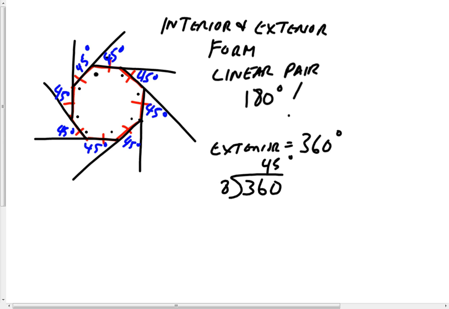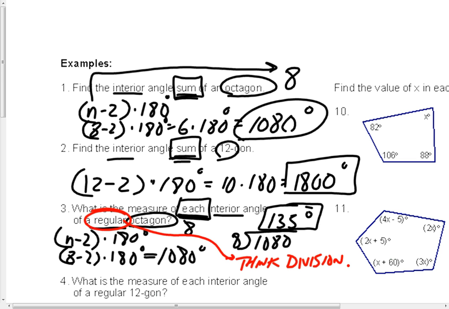But what did I just say about interior and exterior? They're linear pairs. So if I know that that's 45, what does this have to be? 135. They're all 135 because this is regular. 135, etc. Is that the same answer that we got right here?